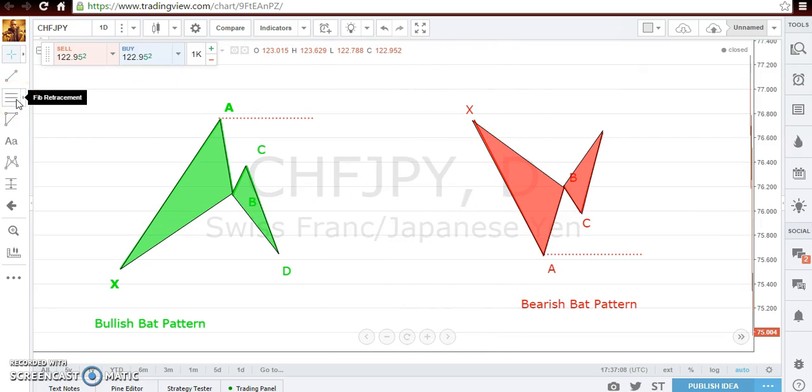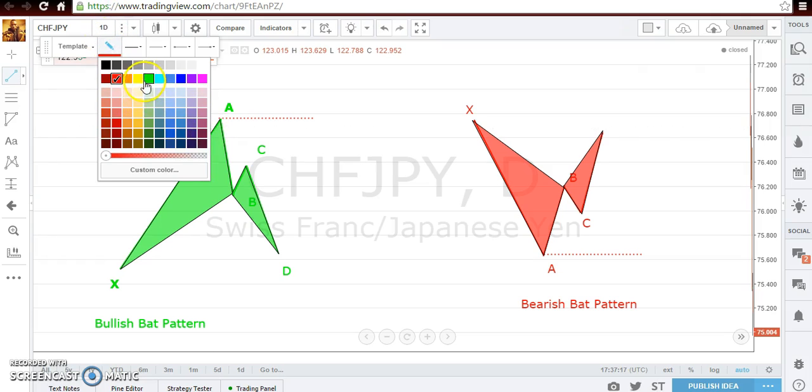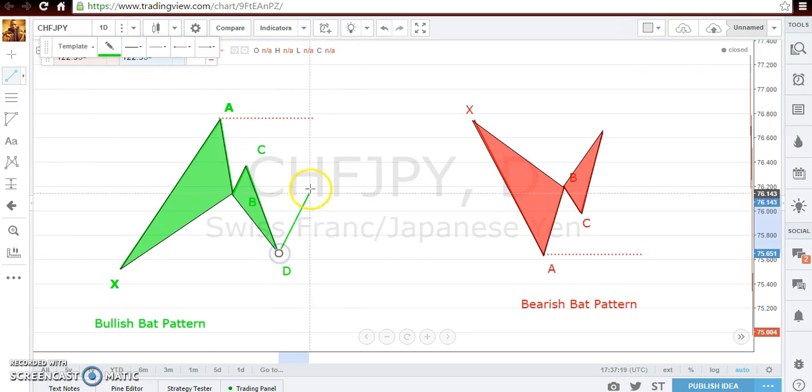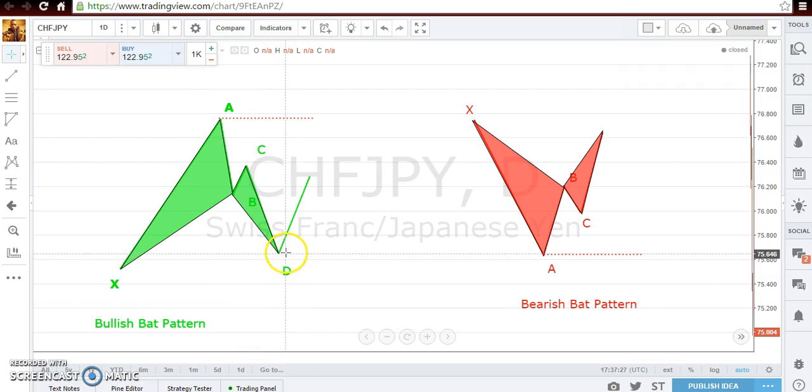So obviously with the bullish bat pattern, once this pattern has been formed, you would expect the market to come into this zone, into the 886 retracement, and bounce back up. So as a trader, if you see this pattern being formed, you would be prepared to buy at that point, at the 886 retracement.